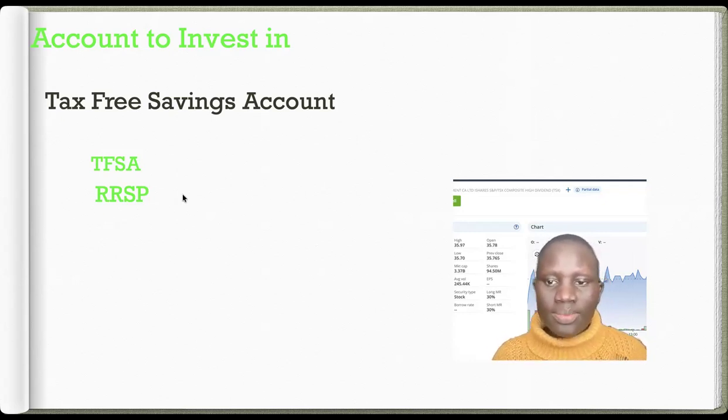For RRSP, if you remove money from that account for whatever reason, you have to pay taxes. But if you use that money for maybe your first home purchase, or some approved educational programs, or retirement when you're 70 something years old, then you don't have to pay any taxes.